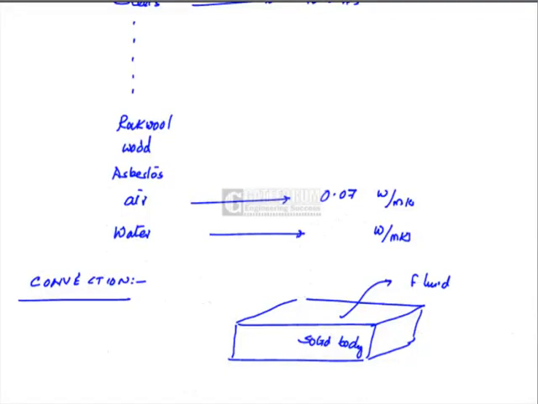So whenever a hot solid body is kept in still air or in moving air, heat is said to be convected from the solid body to the fluid. The fluid may be air or water.